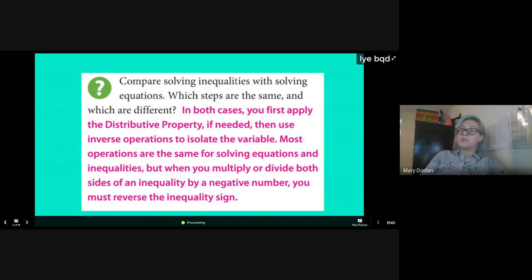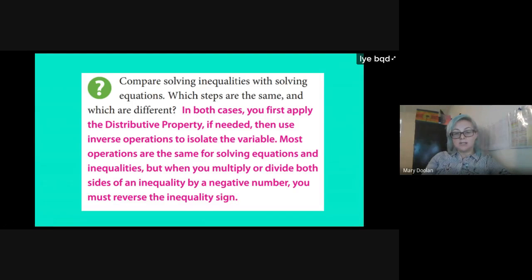When you solve inequalities and you solve equations, there are some similarities and some differences. In both cases, you first apply the distributive property if it's there, then use inverse operations to isolate the variable.